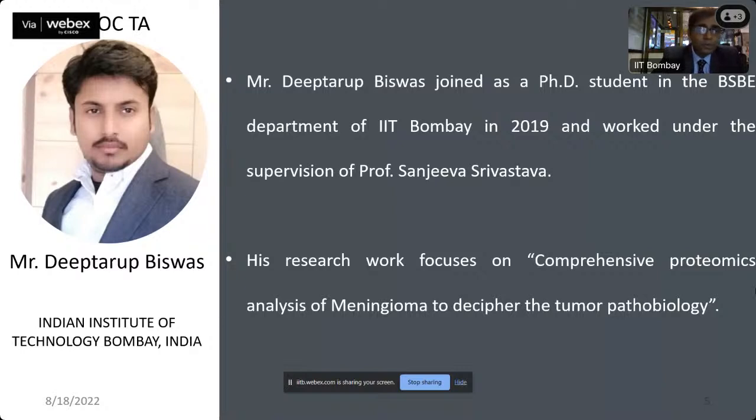It's a good idea for you to check out brainprot.org, and you will see how best one could understand different types of omics information from this portal. Deep has been looking into various computational workflows to understand meningioma tumor biology.